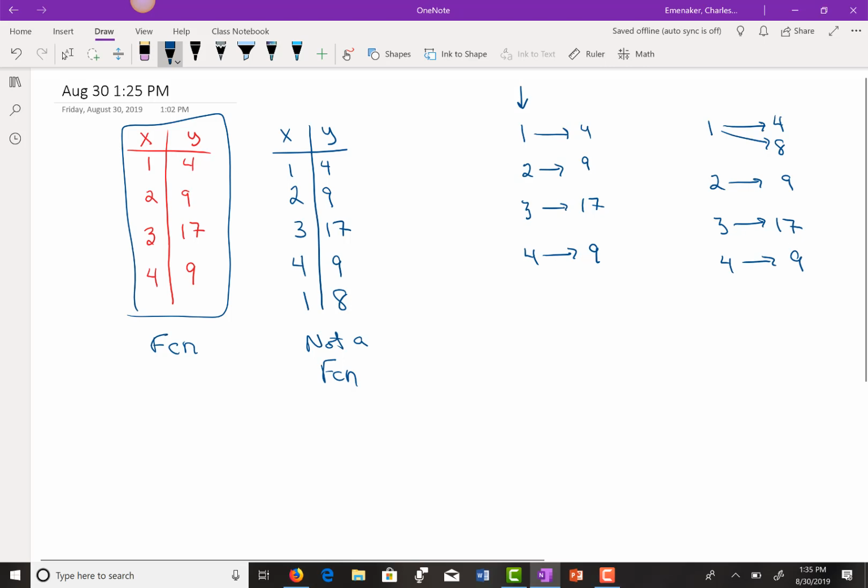The first example is fine. That is a function. In the second example, you've got player 1. You're going to cover player 4. Oh, yeah, you're also going to cover player 8. How would you like that assignment? That doesn't sound so good, does it? Especially if they go and they're 200 feet apart from one another. How are you supposed to cover both of them?